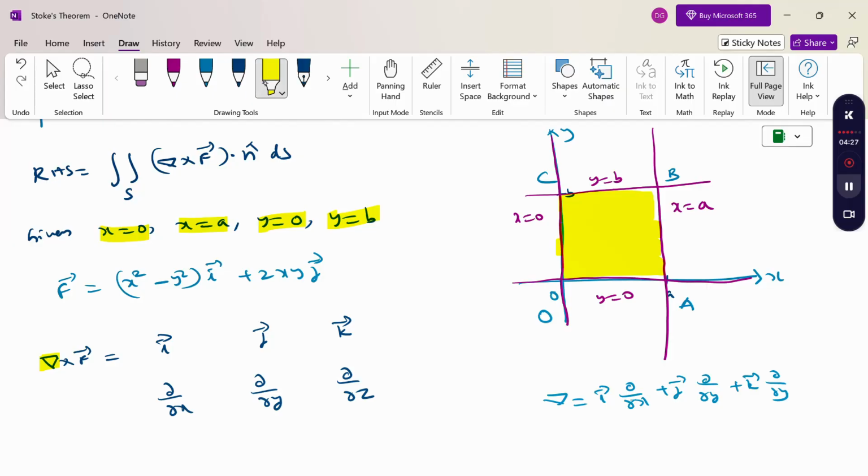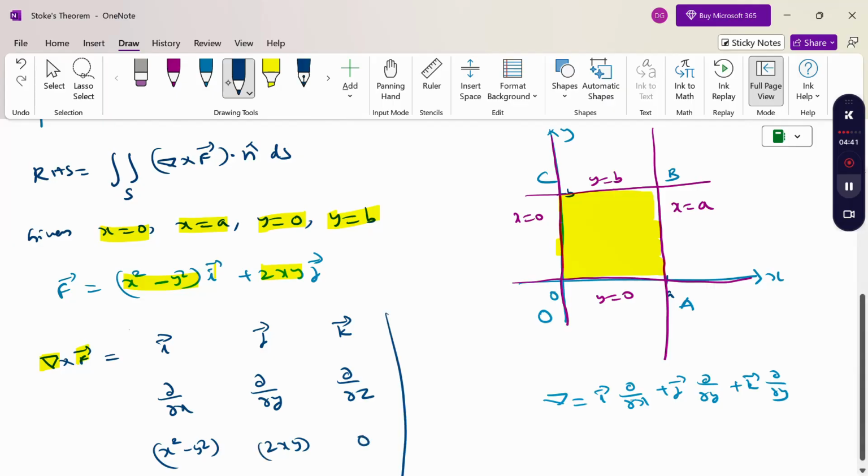And the next row is F vector: the i coefficient x square minus y square, the j coefficient 2xy, then 0. This is a determinant.